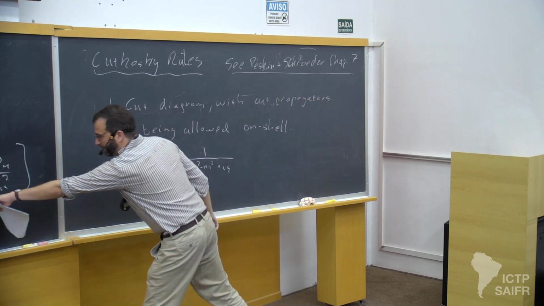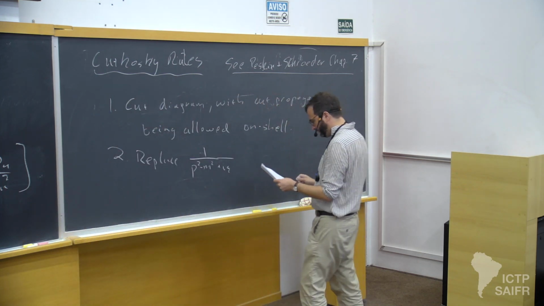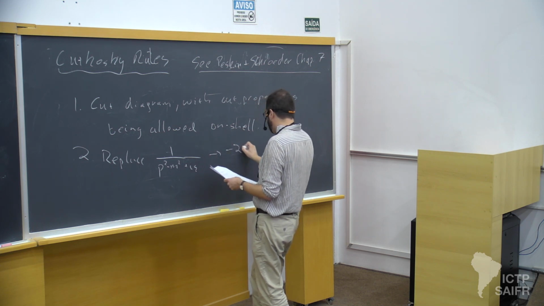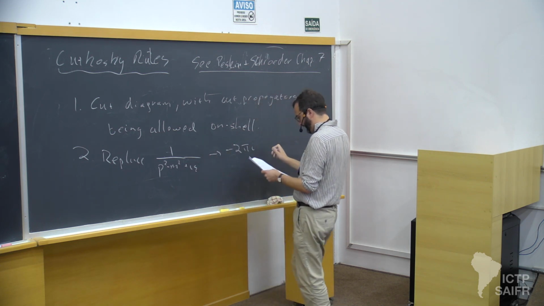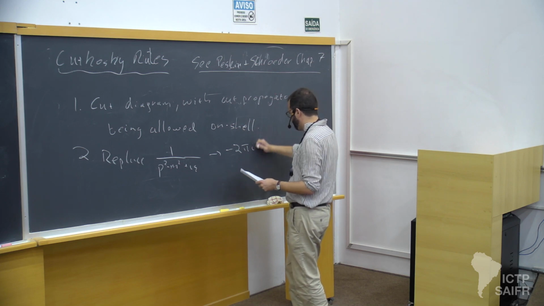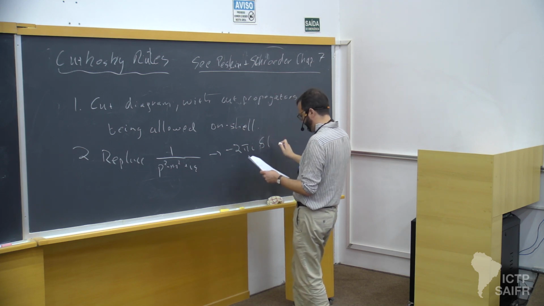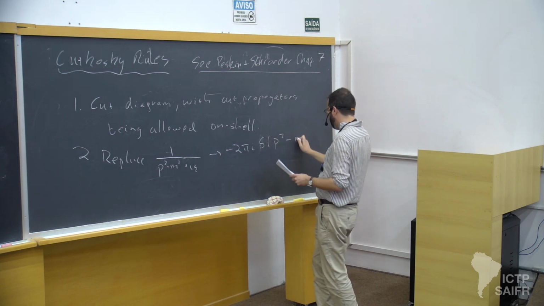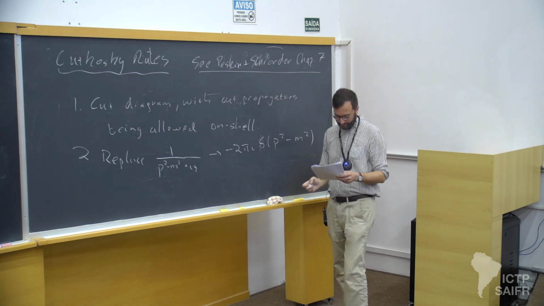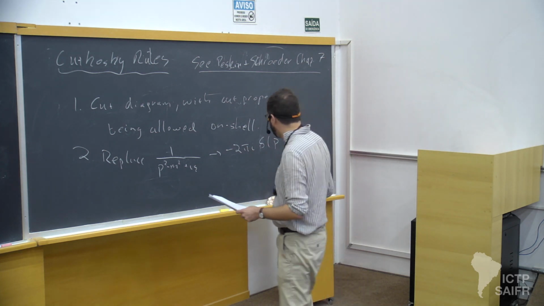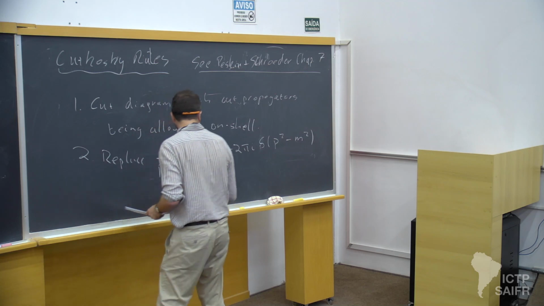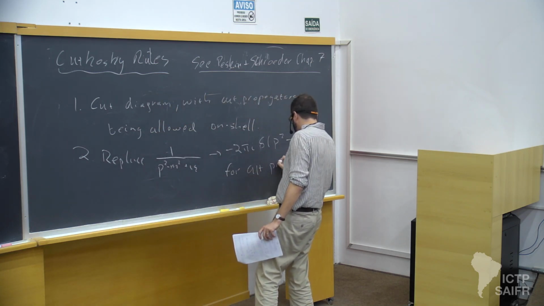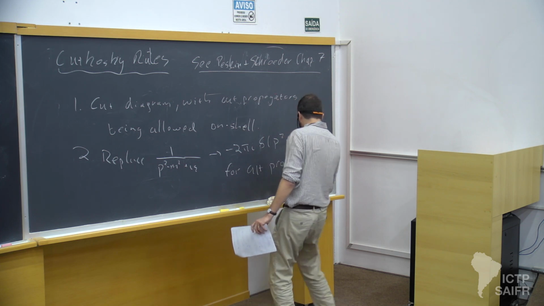But our propagators are massless, and you can replace this by negative 2 pi i times a delta function, where the delta function forces the propagator momentum to lie on shell. Replace this for cut propagators.